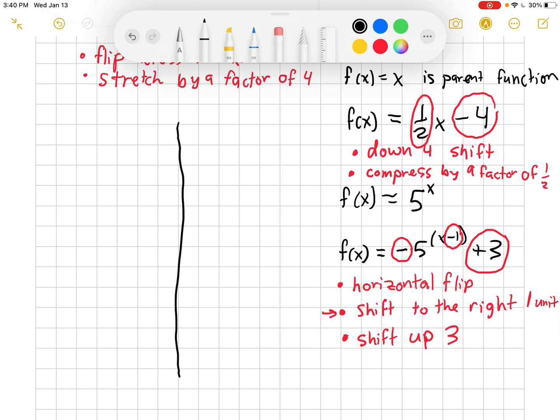Now I'm going to go ahead and take a second and just draw out a quick piecewise function. And let's talk about how we can shift those as well. So we'll just draw in our function really quick. I'm picking kind of points at random. Let's connect those dots.